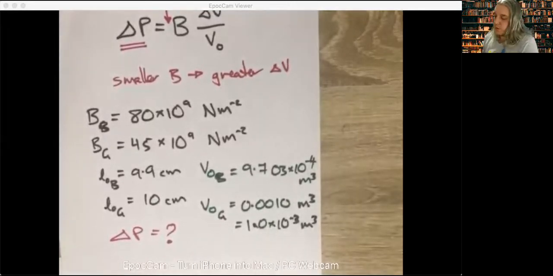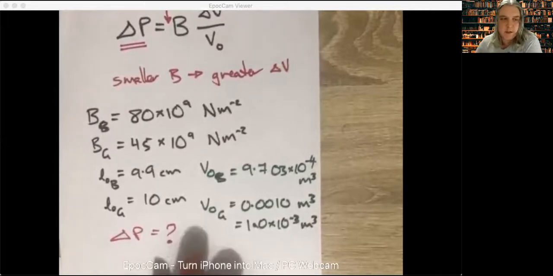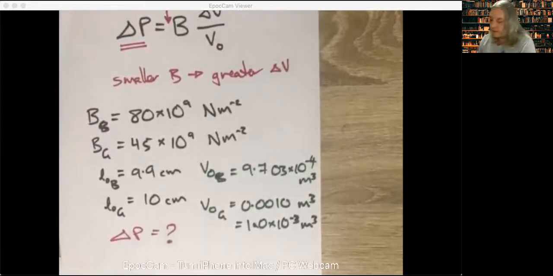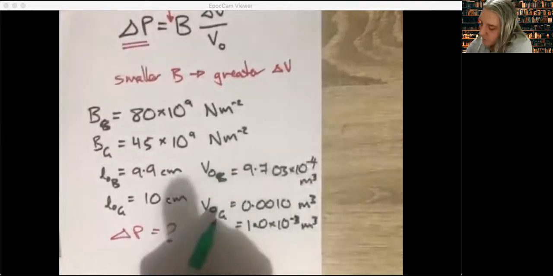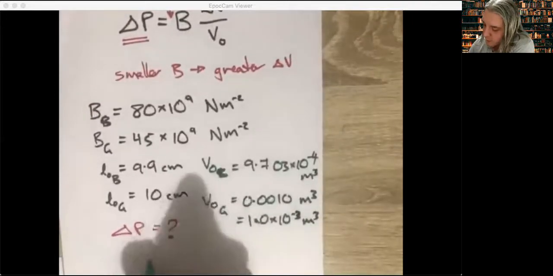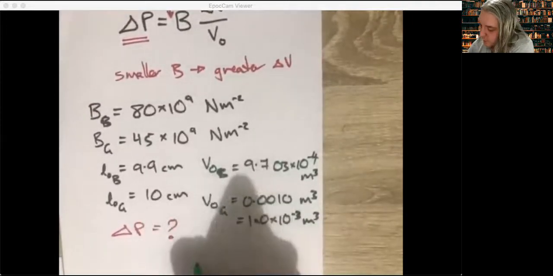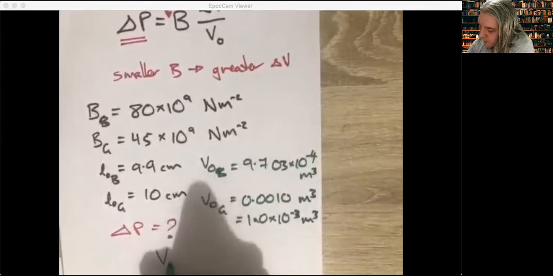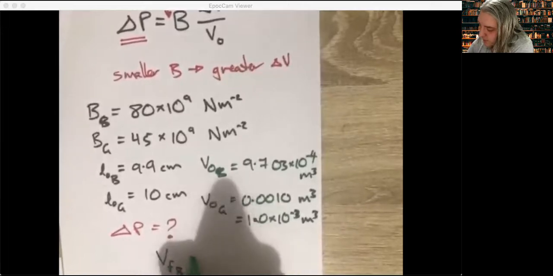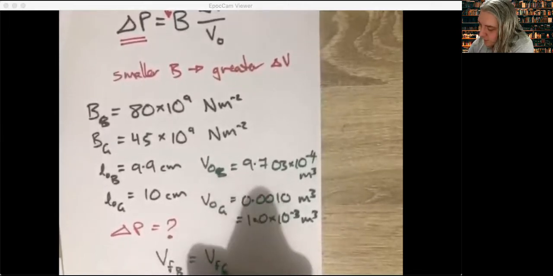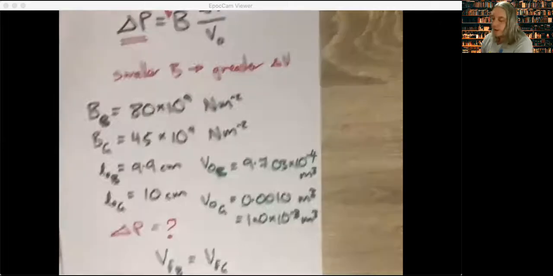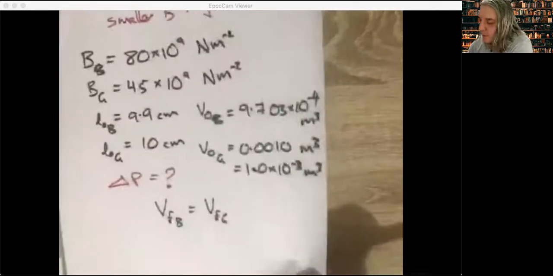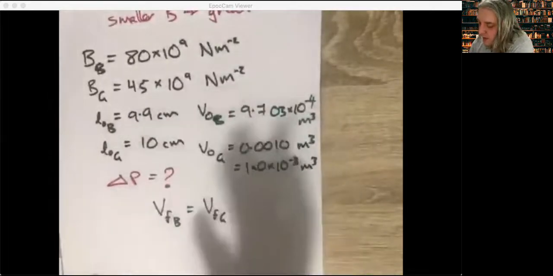What we're looking for then is for the change in volume to be slightly more for this one than it is for this one. We want the final volume, VF brass, to be equal to VF granite. That's what we want. As I said, it does get a little bit complicated, so try and follow along.